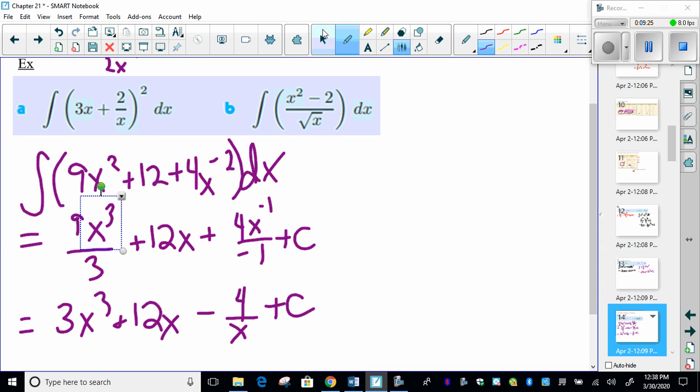So this here simplified to this when I integrated it.